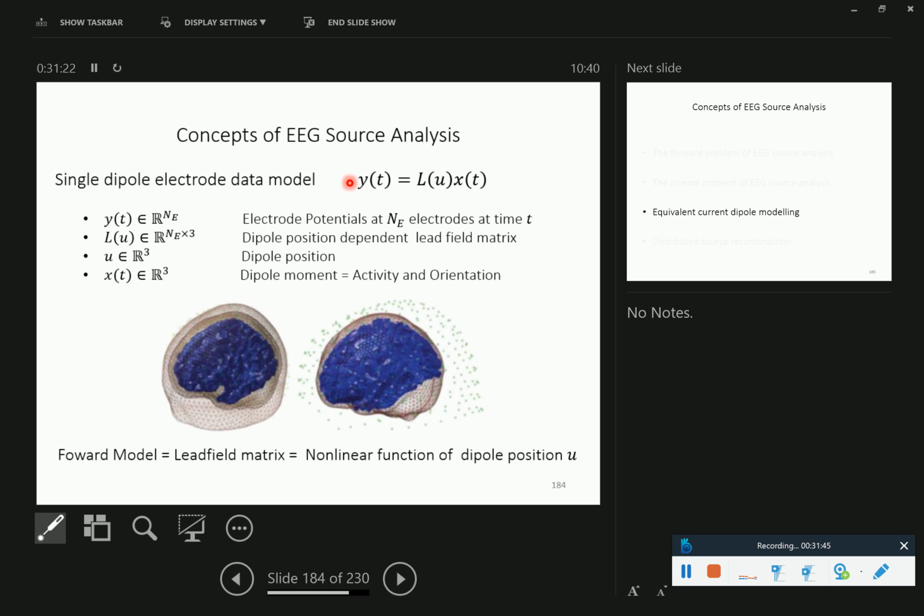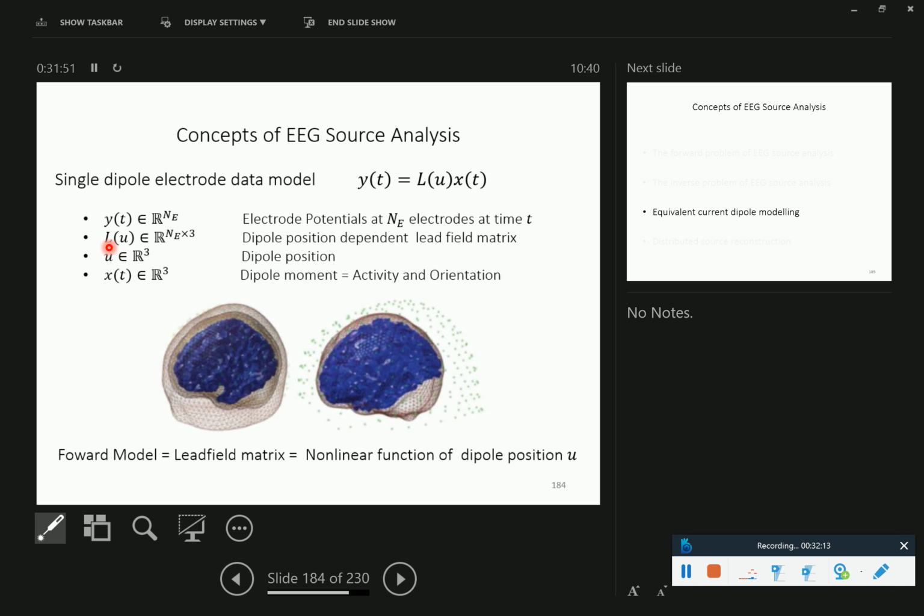So here you have a vector of electrode potentials. If, for example, you have 64 electrodes, that means you have a 64-dimensional vector at a time t. So think again about the picture that I showed you in the very beginning about the ERP data matrix. So this would be one slice. Yeah. And the single dipole electrode data model involves a dipole position dependent lead field matrix.